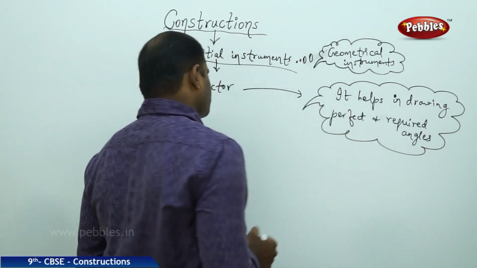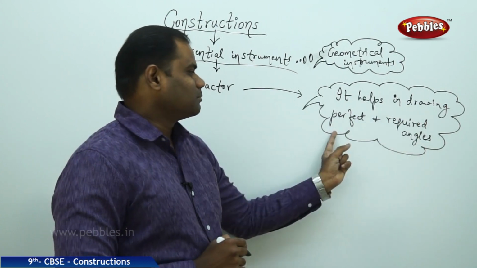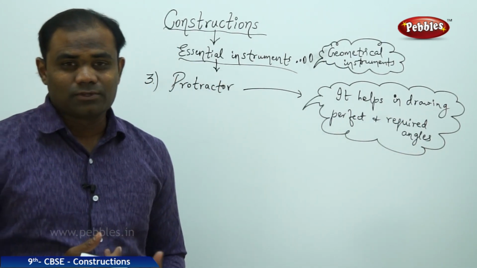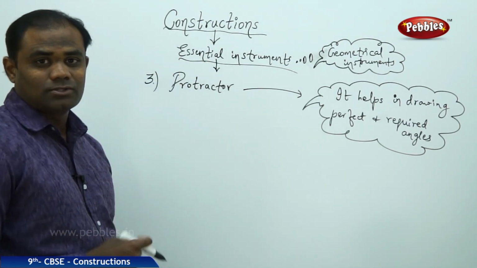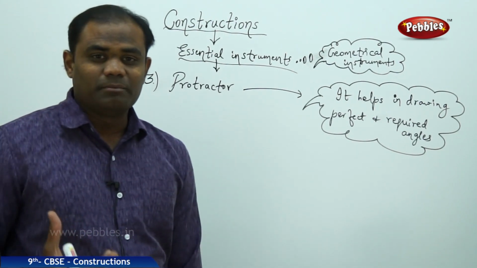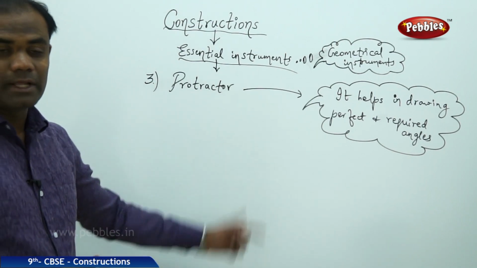So here the significance of protractor is that it helps me in drawing perfect and required angles. Suppose I want to draw an angle of 30 degrees, then I have to use the protractor. So let's see how you can use protractor in applications of making certain angles. But before that, let's see how the instrument looks.